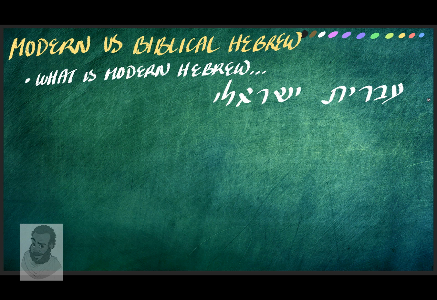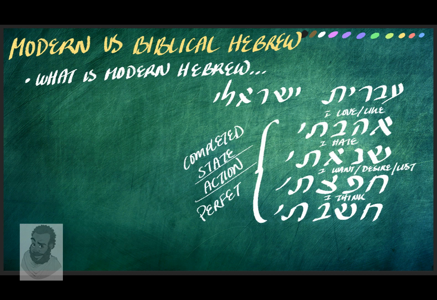In Shemitic languages, we know it as completed or perfect state, right? So if I want to say I love, it will sound like I loved, and I'm no longer loving the person. But that's not the case.